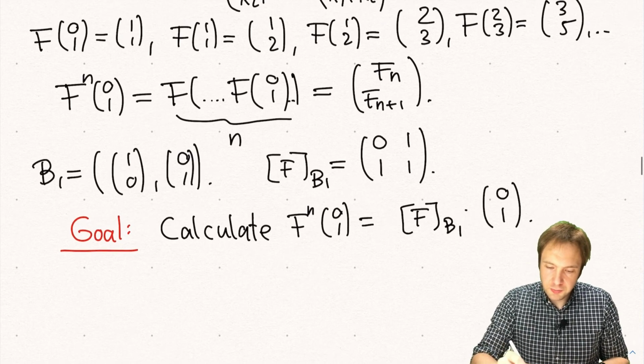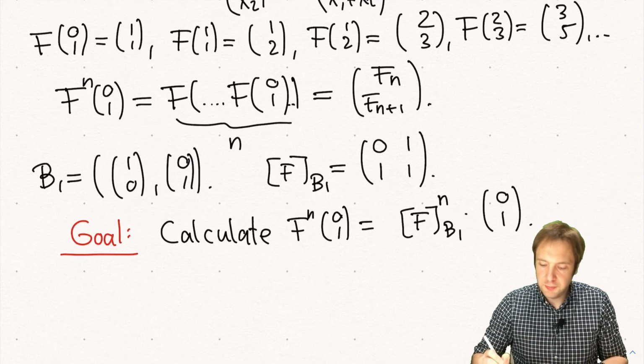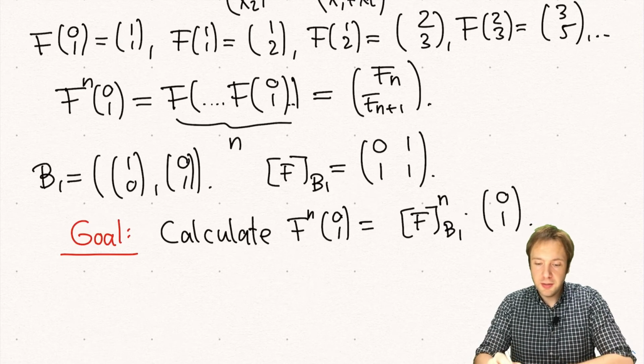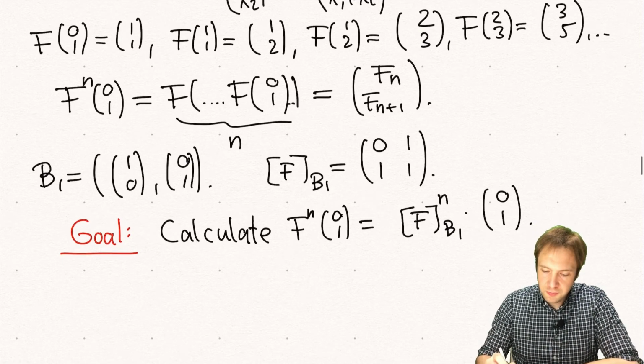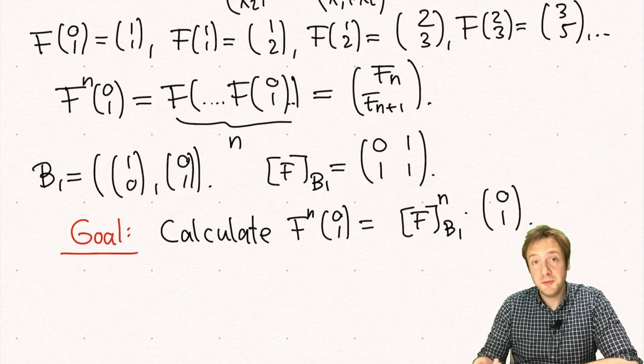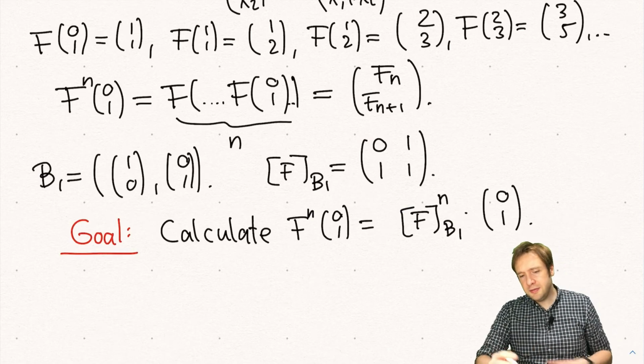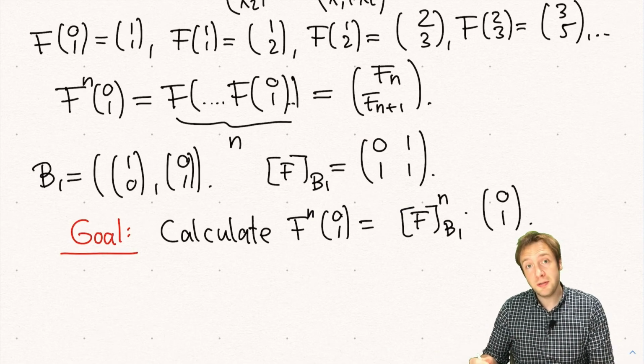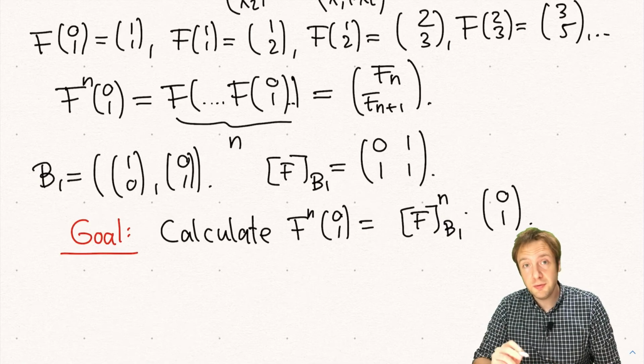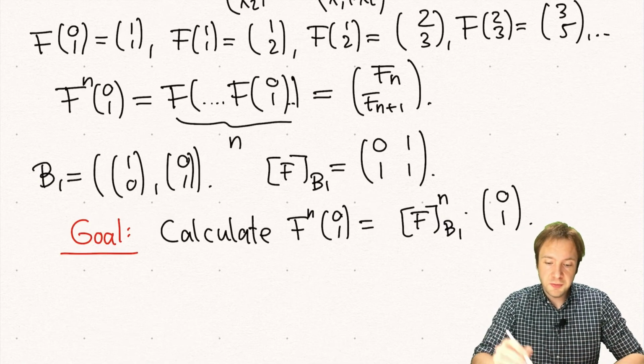But, oh, and of course here we take this matrix to the power n. But if you multiply this matrix with itself several times, you will see that after several steps it's quite hard to actually give an explicit formula for this.